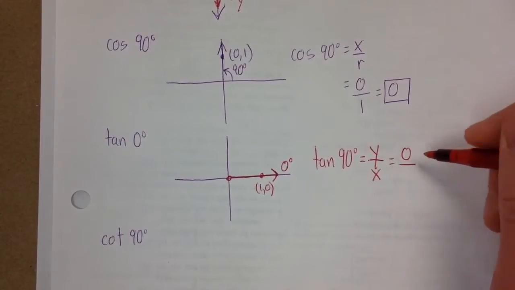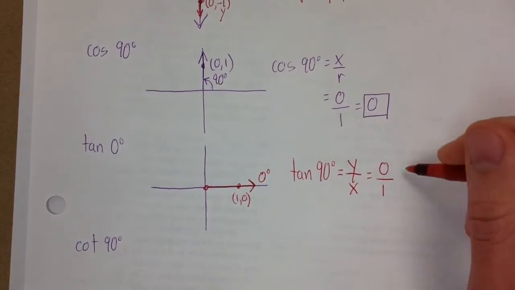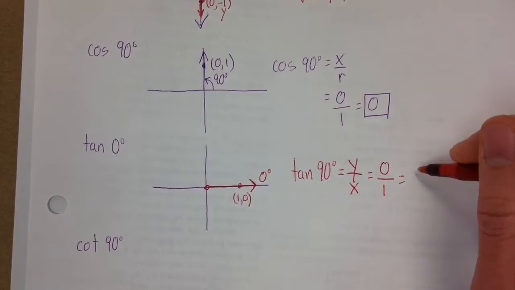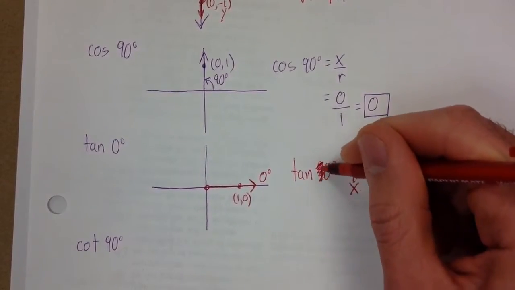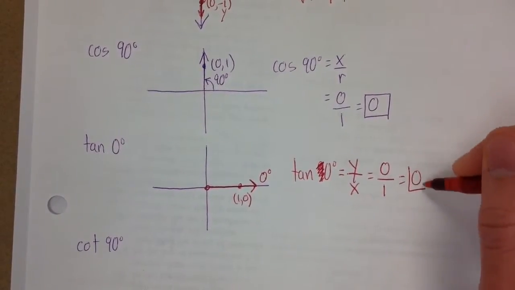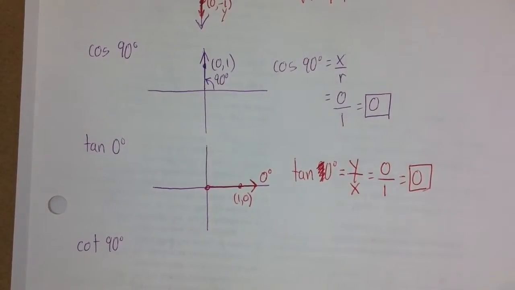Yep, because it's y over x. Good. Oops, sorry. This should be 0. Good. The tangent of 0 degrees is 0.